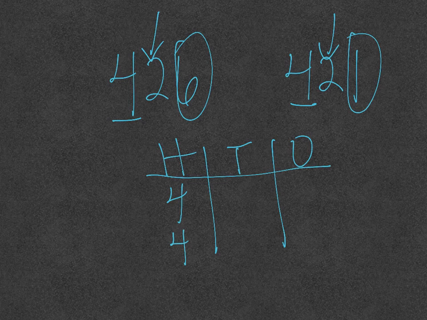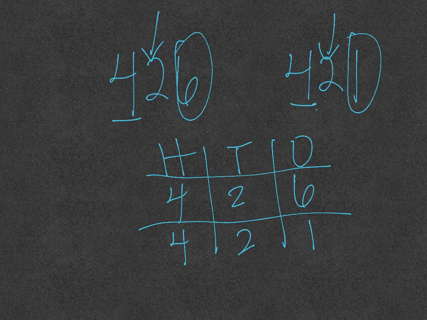So each of the numbers has a 4 in its hundreds place. Each of the numbers has a 2 in its tens place. Now, this first number, 426, has a 6 in its ones place. 421 has a 1 in its ones place.